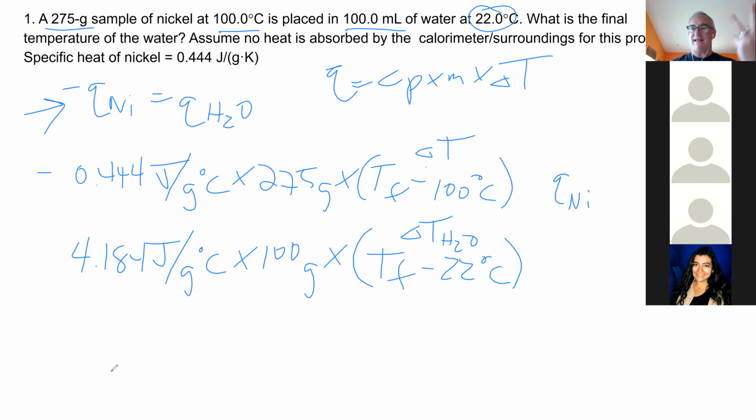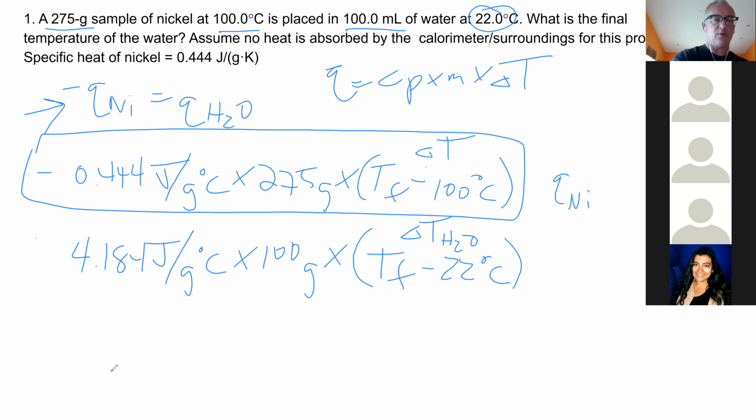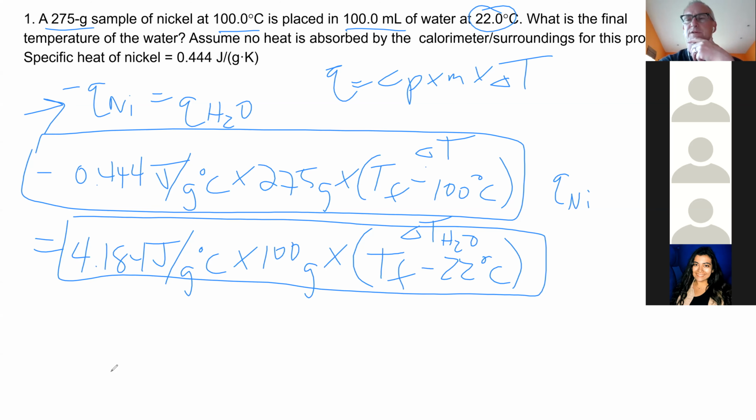So these two things equal each other. So are we agreed on that? This expression up here is going to equal this expression down here. So far, so good for everybody? Does that make sense? Yes. Yeah, minus Q nickel equals Q water. That's how it has to be.